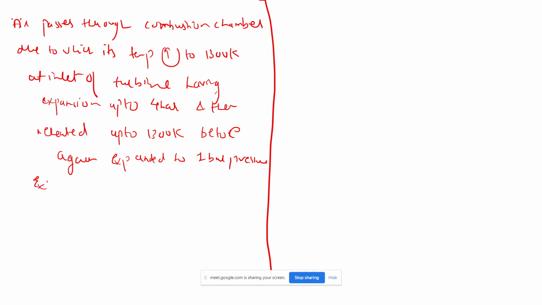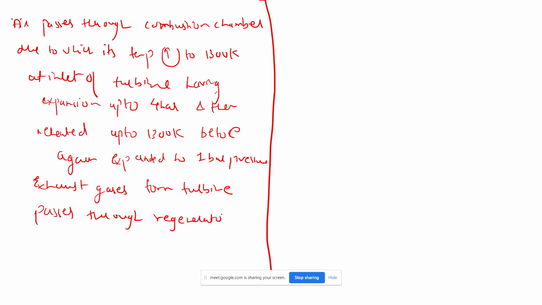These exhaust gases from the turbine pass through the regenerator. So what we have to find is the efficiency of the cycle.